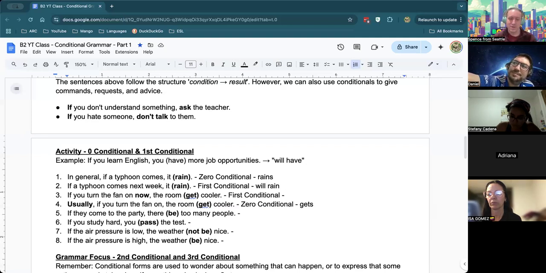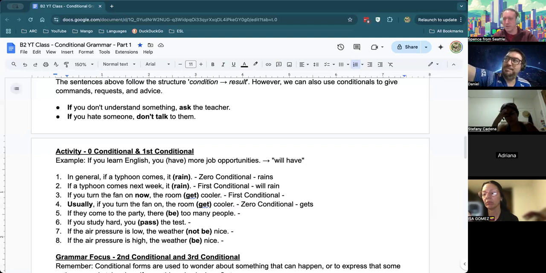So, how do we form first conditional? When we are talking about a specific situation, a probable outcome. But how do we write it?